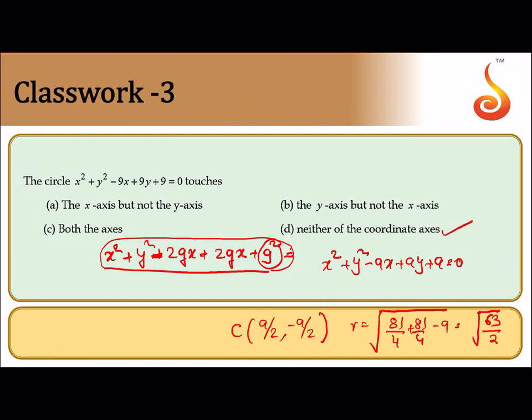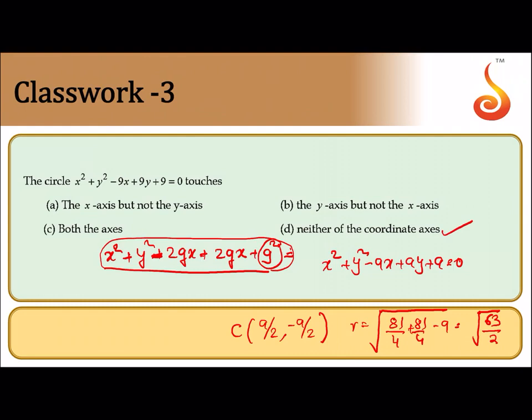So it is neither touching any coordinate axis. So option D is correct. Touches x-axis but not y-axis, not satisfied. Touches y-axis but not x-axis, not satisfied. Both the axes, not satisfied. So neither of the coordinate axes. It is not in the form of g square.